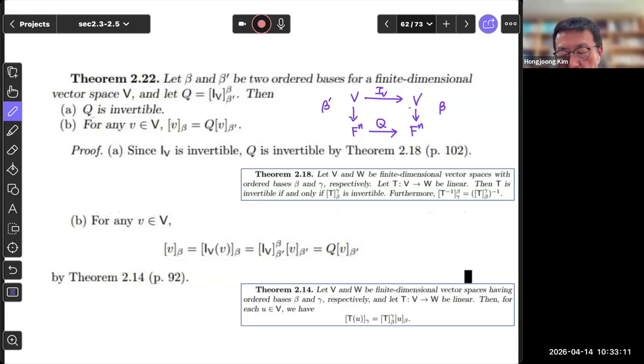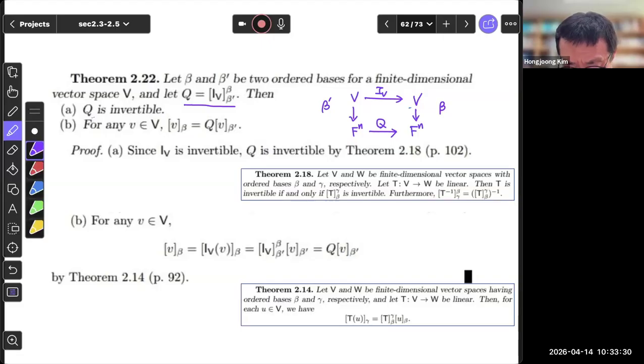Then we have this relation here. Q denotes the matrix representing this identity mapping, but we allow two different bases, beta prime for the domain and beta for the codomain. When I take this path or this path, you will get the same result, right?